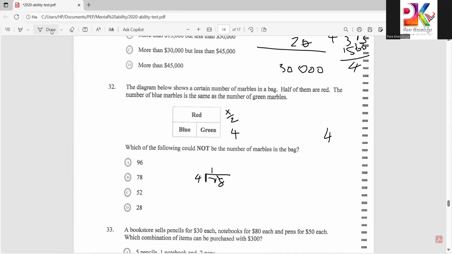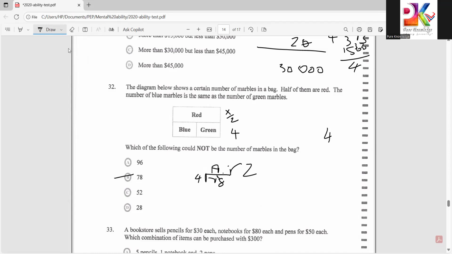So right there, guys, you see that there is a remainder of 2. So the answer therefore will be 78.